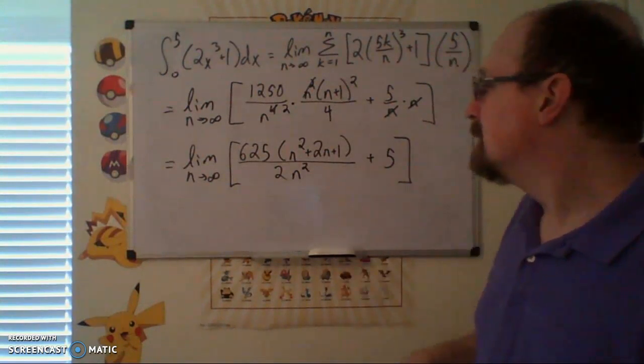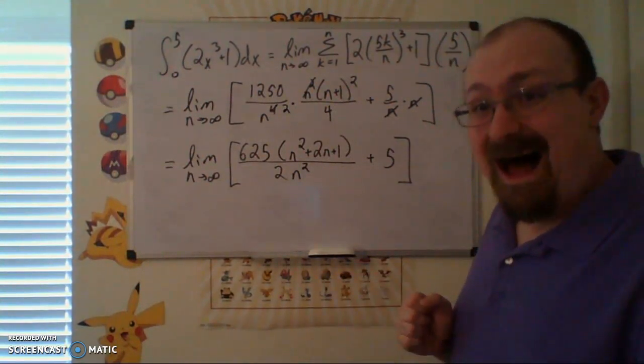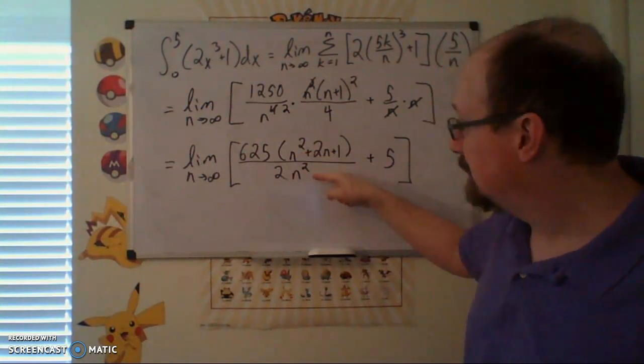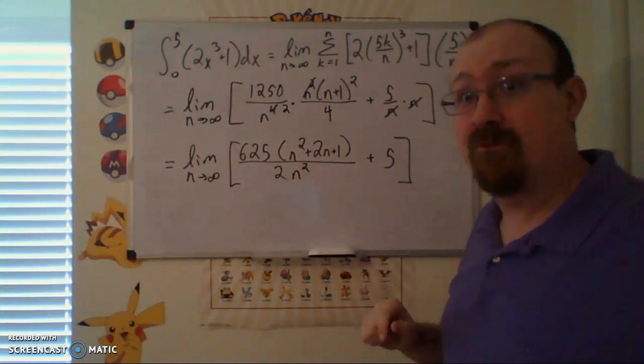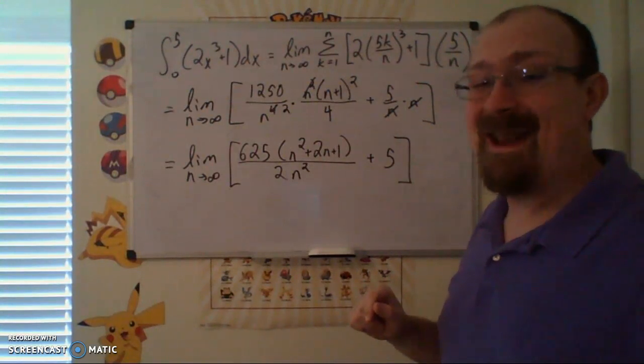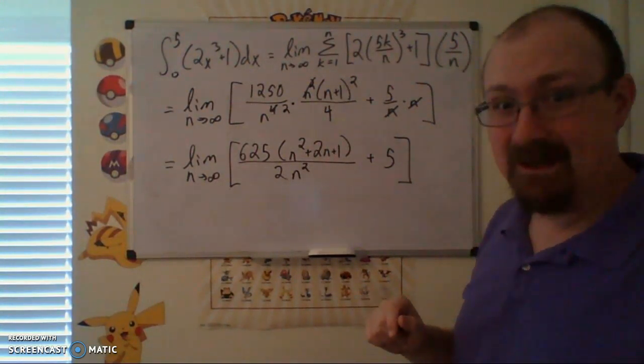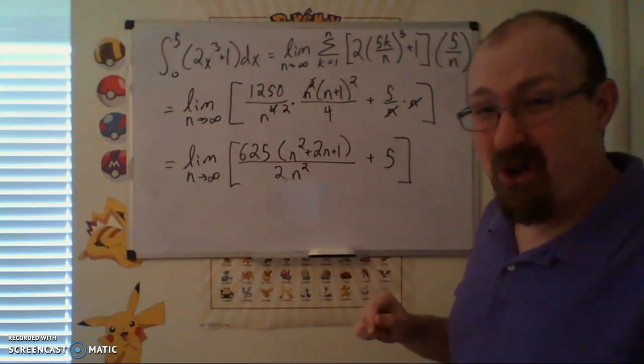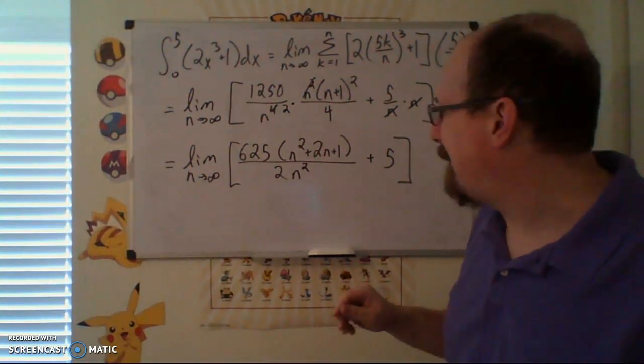You get the idea. We look at the highest power terms. We have a second degree n right here, a second degree n right here. Those match, they're equal. When that happens, as we saw back in chapter 1, the limit is going to be the ratio of the coefficients of those high power terms.